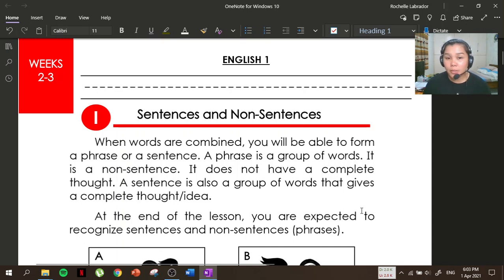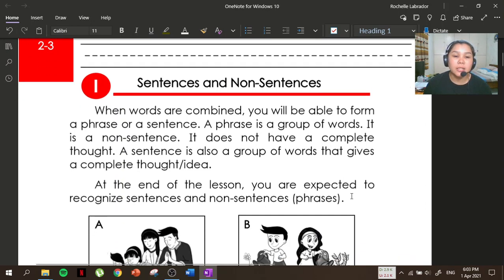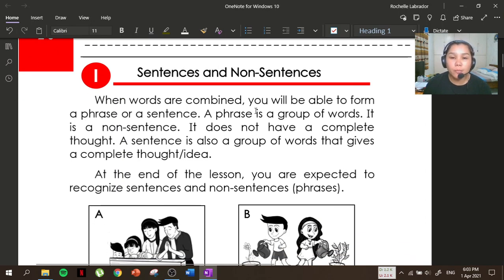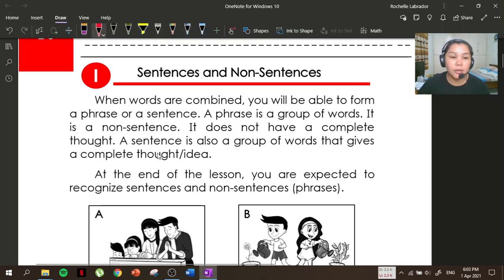So English 1 week 2 is about sentences and non-sentences. When words are combined, you will be able to form a phrase or a sentence. So we have here the words phrase and then sentence. A phrase is a group of words.